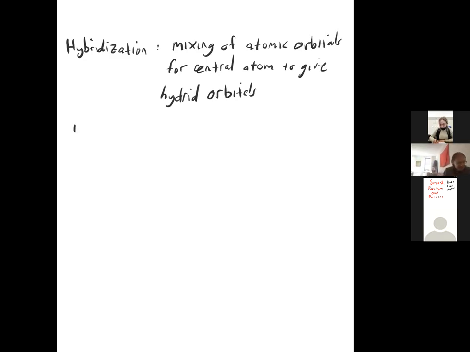The first one is that you mix an s orbital with a p orbital. And now it's going to give you two new orbitals that are called sp. Okay. The shape of an sp is interesting. It looks like this. Here's the nucleus.